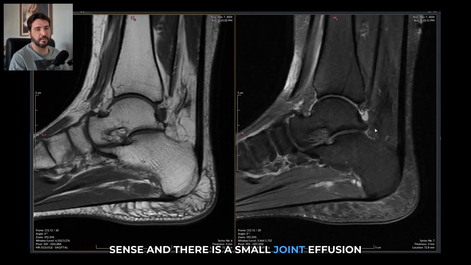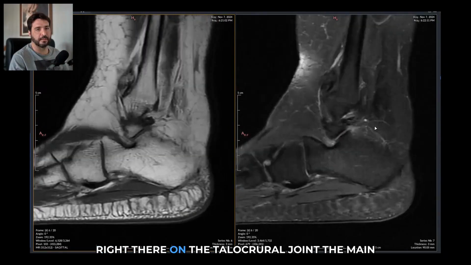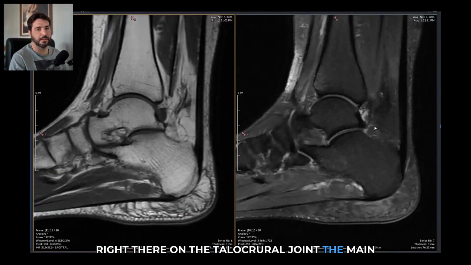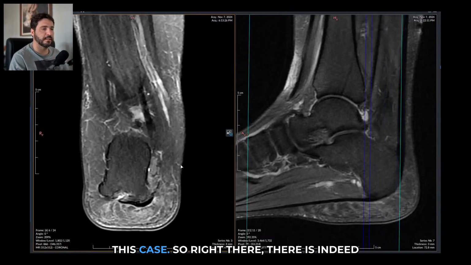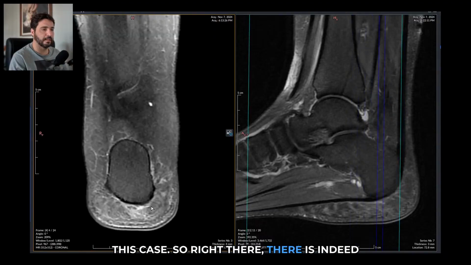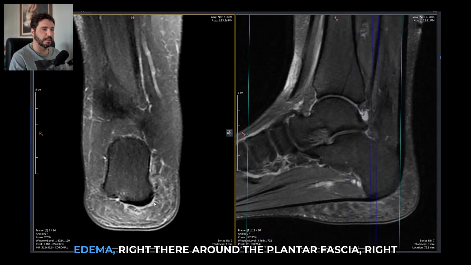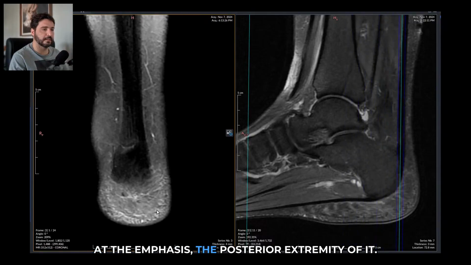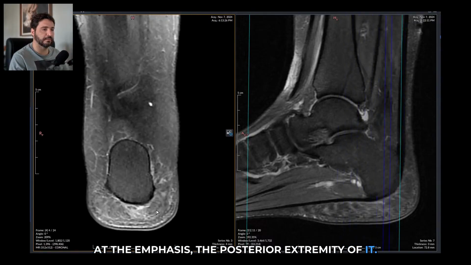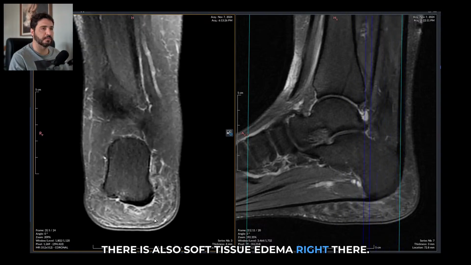And there is a small joint effusion right there on the talocrural joint, the main ankle joint, which is also reasonable for this case. So right there is indeed edema around the plantar fascia, right at the enthesis, the posterior extremity of it. There is also soft tissue edema right there.